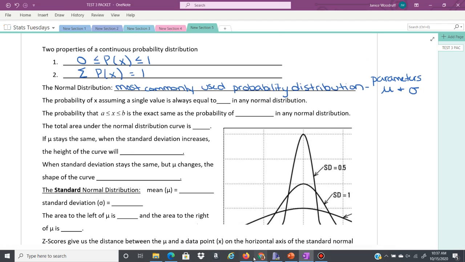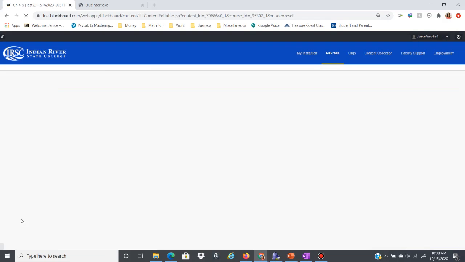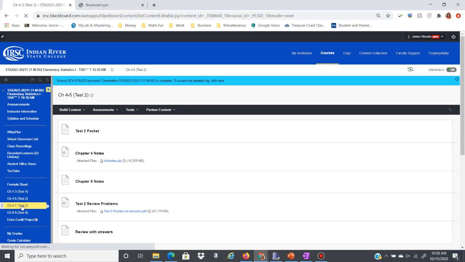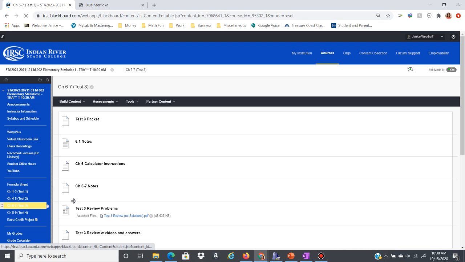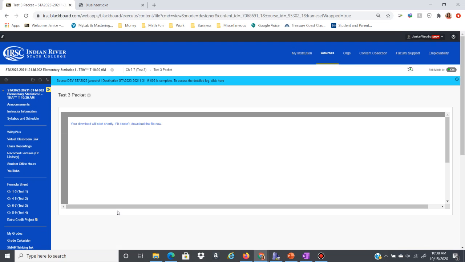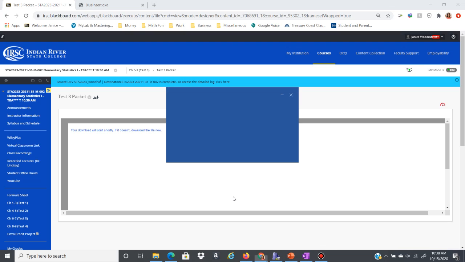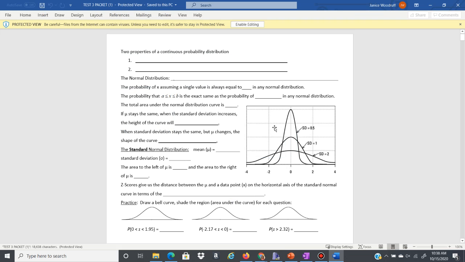Okay, so that is this distribution that copied over weird. Let me see if I can pull up the valid one here. Okay, this looks better.